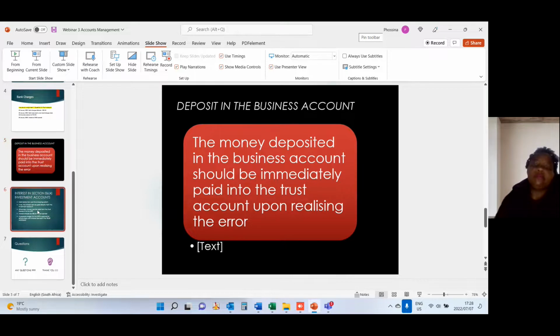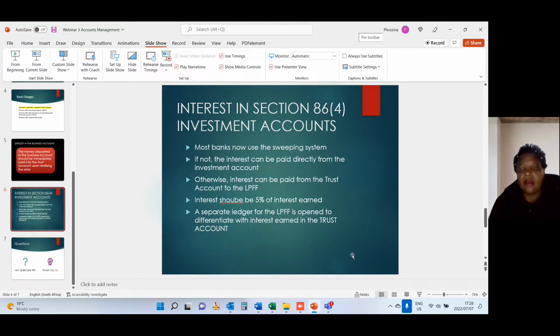Okay, thank you. So the other thing that I then just noted was that I have just come up with notes on interest on Section 84 investment accounts. So like what I've explained to you, most banks now use the sweeping system. So you would find when you are recording the transactions, they've already occurred.